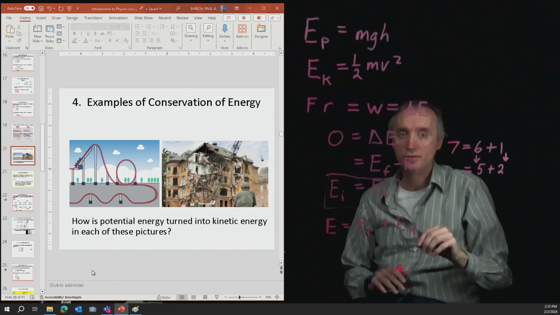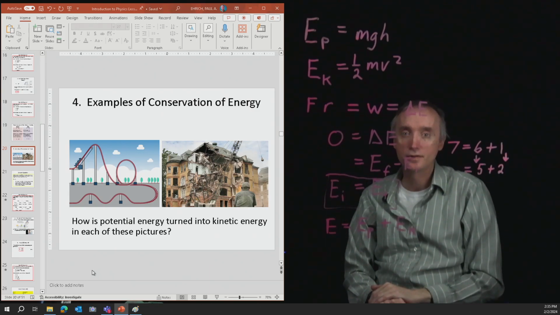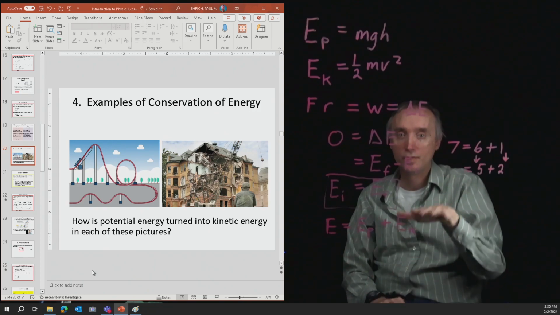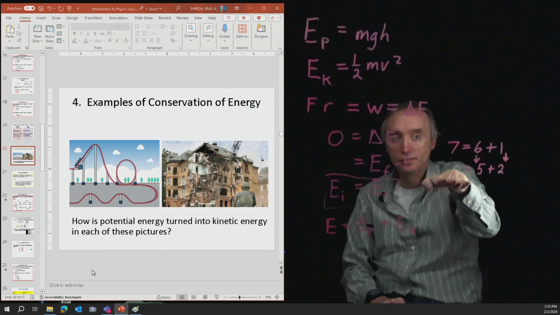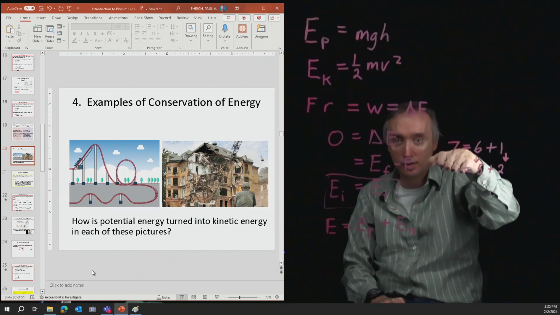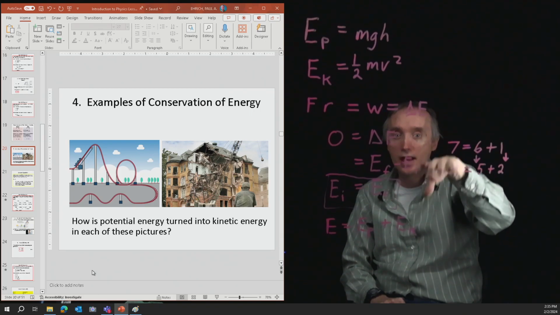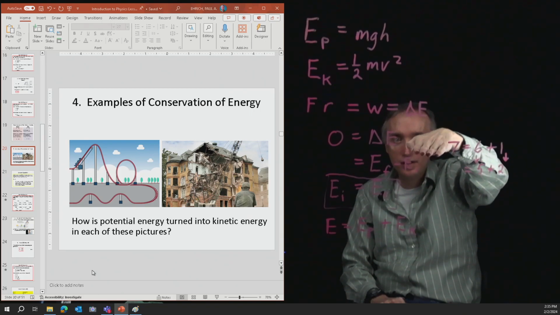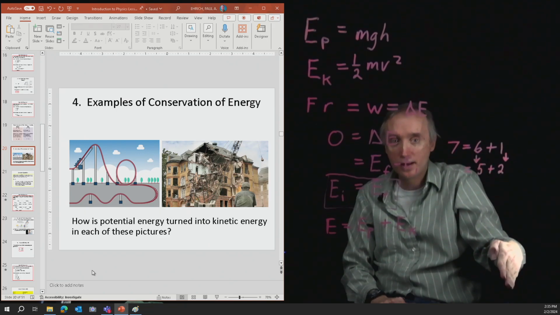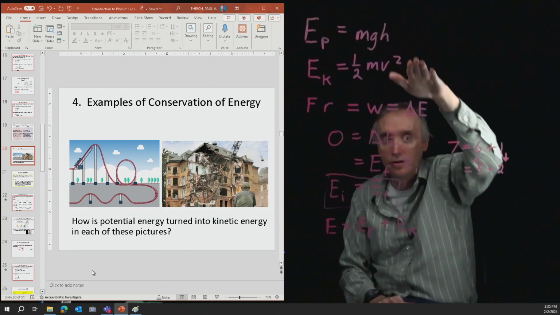So the engine is going to put energy into the system, and that's going to raise it to a certain height. Now, once the roller coaster is at the top of the hill, the engine stops working, okay?